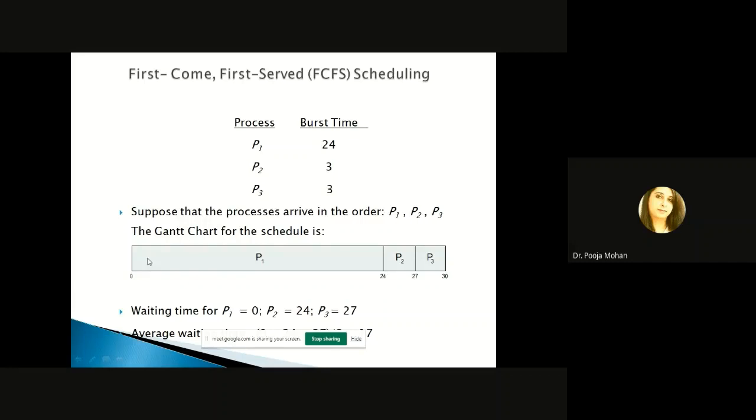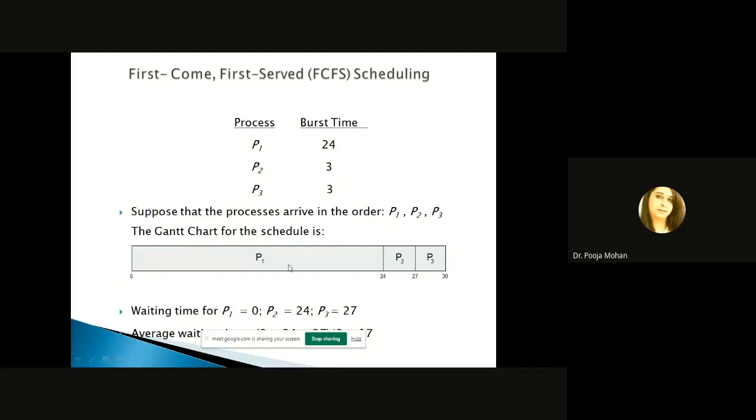First of all, at time 0, process P1 will join the queue, and P1 will be executed by the CPU for 24 time units. So we draw P1 from 0 to 24. It means after this time, P1 has completed its execution.